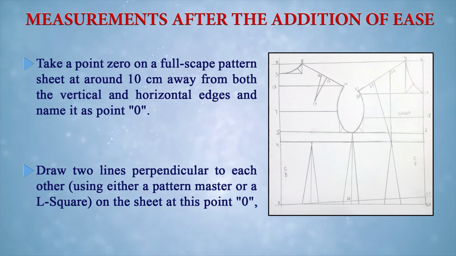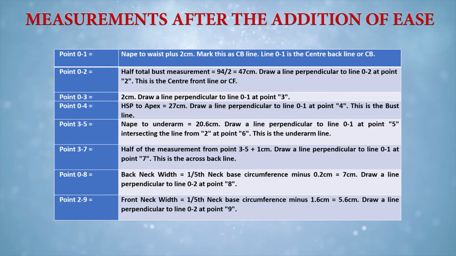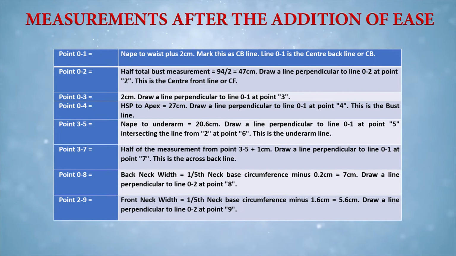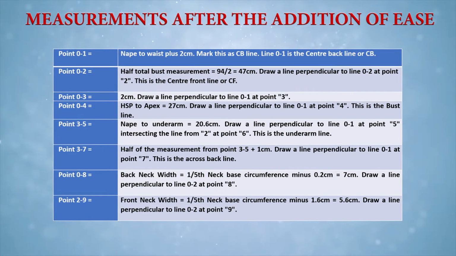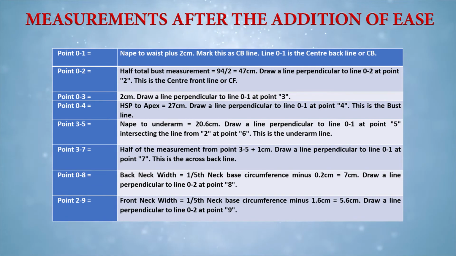You have to make a square box on the pattern sheet, starting with point 0. Then you can follow the steps mentioned in your study material. Keep the diagram in front of you, and you can see the markings, points 0, 1, 2, 3. By following the steps, point 0 to 1 is nape to waist plus 2 centimeters.